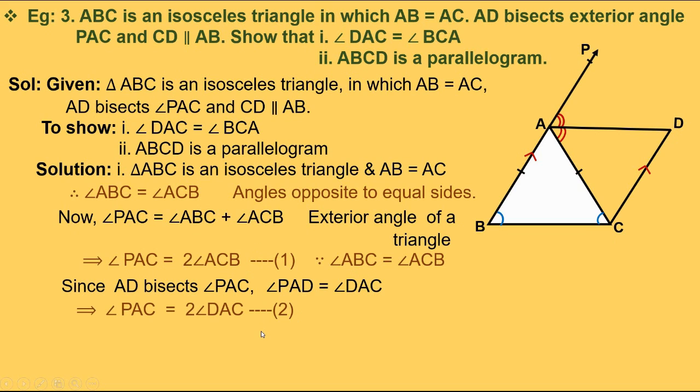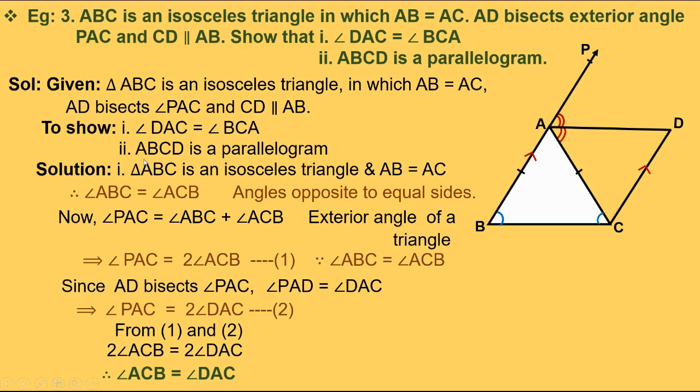From equation 1 and 2, we have twice angle ACB is equal to twice angle DAC. Therefore, angle ACB is equal to angle DAC. So, we have shown the first part, that is, angle DAC is equal to angle BCA.